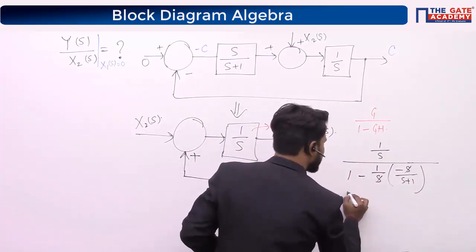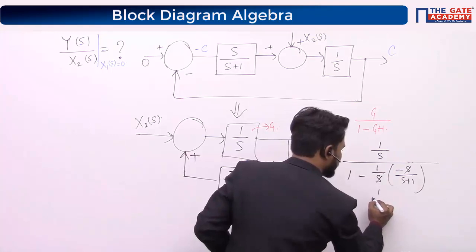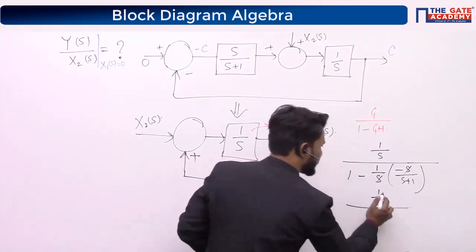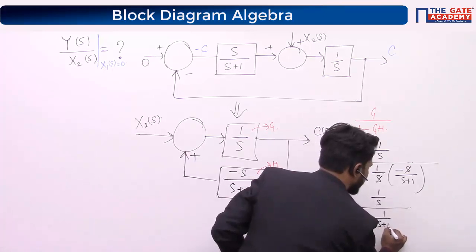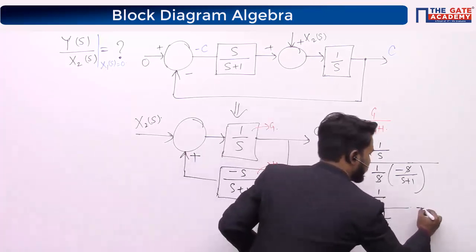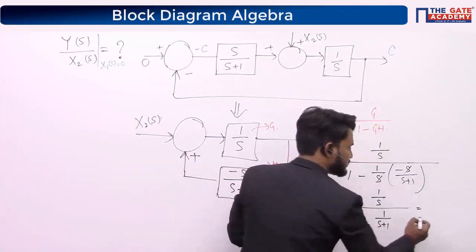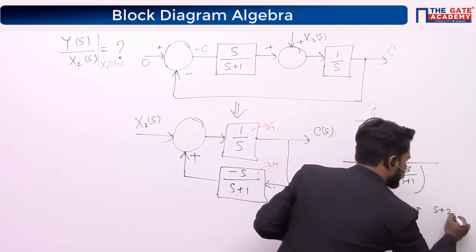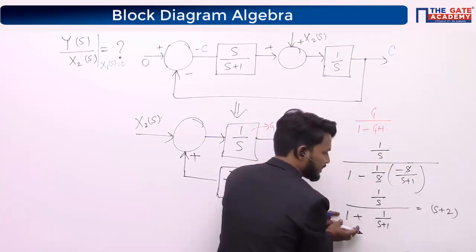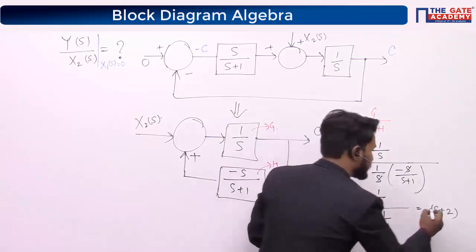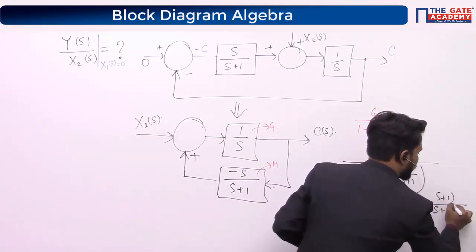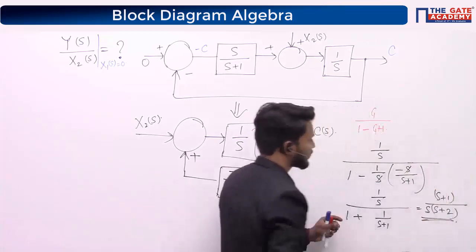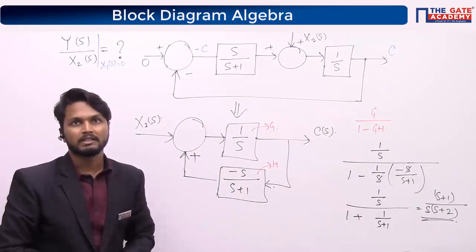If you simplify this, it is 1 plus 1 by s plus 1. So what you will get is s plus 2 in the denominator, that is s plus 1 plus 1, and s plus 1 in the numerator. This is how you will get the answer.